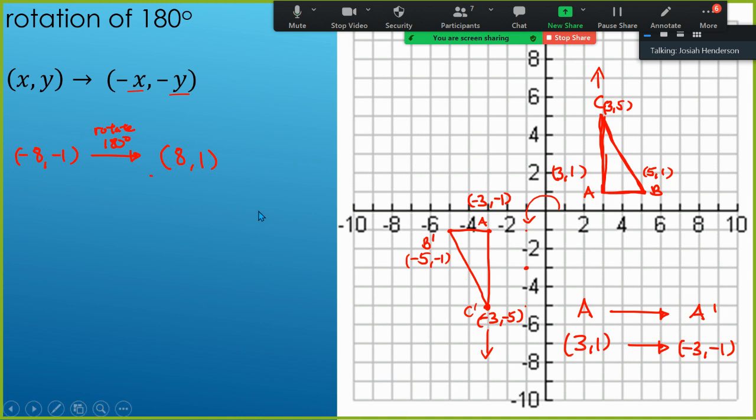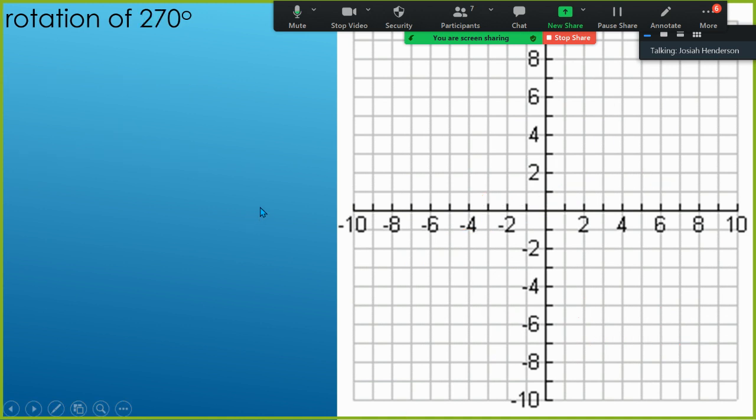Okay, and our last one for today is the rotation of 270. This means we're doing 3/4 turns. So 90, 180, 270. So if I use the same triangle we've been using, should be this guy. Okay, I'm going to try this one again.